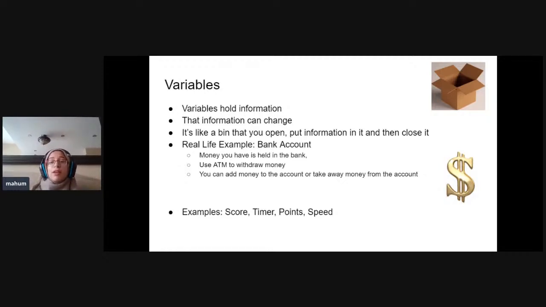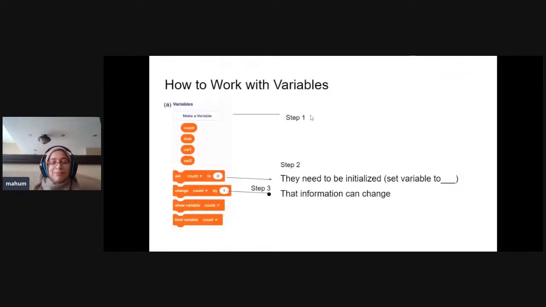We have speed. Speed might be something that you want to hold the information of so that you can use it later on in the code. Another example would be username, user age, anything really can be held in a variable. It's really up to the coder and what they need to create with it.